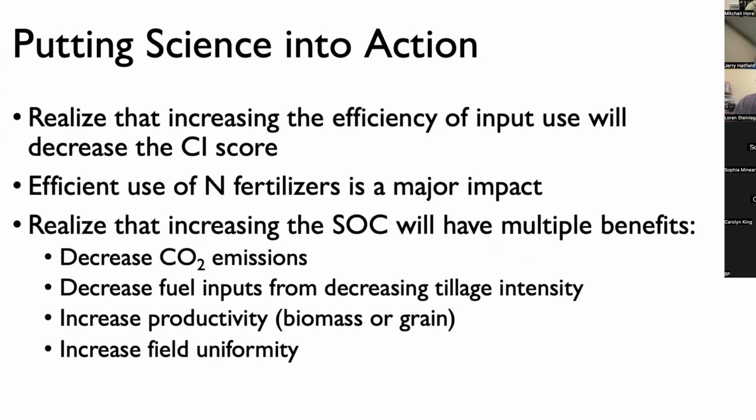The efficient use of nitrogen fertilizers, because of that 300 factor, is a major impact in all of this. But then the soil organic carbon is kind of an offset. It gives decreased CO2 emissions, and you have decreased fuel inputs. We do get the increased productivity over time, and then we get the increased fuel uniformity.